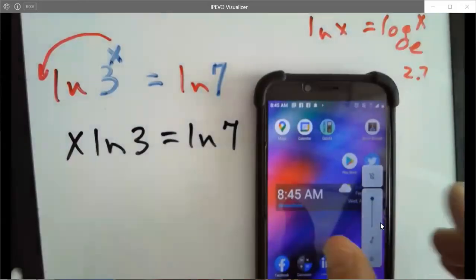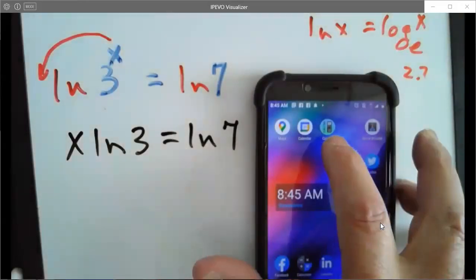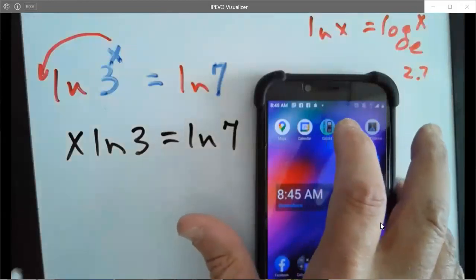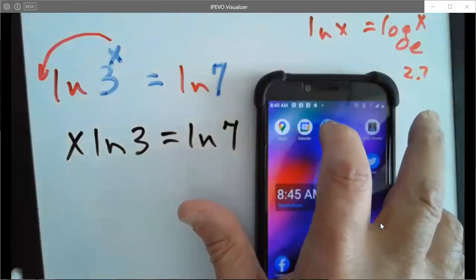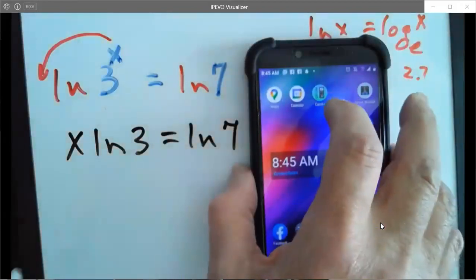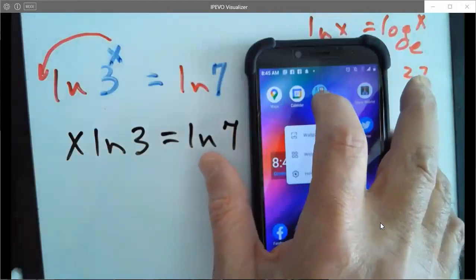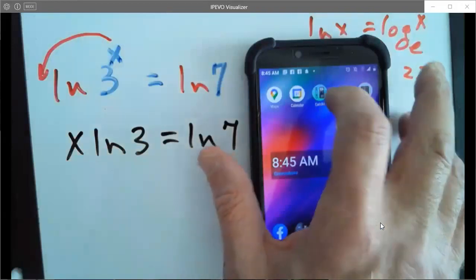So now on my cell phone, I've got my TI-84 app. Do you have your TI-84? If you don't have your app on your cell phone, you can go ahead and put it on your cell phone. All right. I got it. Okay, good.